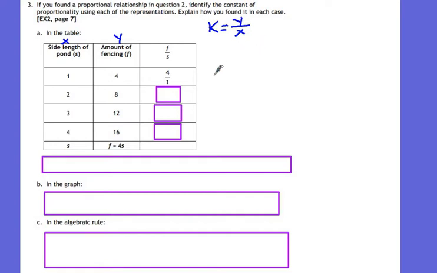Well, I'm going to take a look at the next one. I get 8 over 2, and I realize that reduces to 4 over 1. The next one is 12 over 3, which reduces to 4 over 1. And then the last one's 16 over 4, which also reduces to 4 over 1.